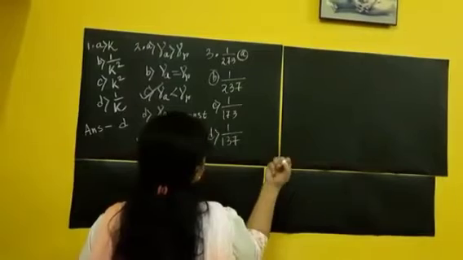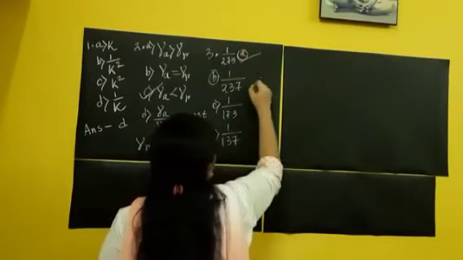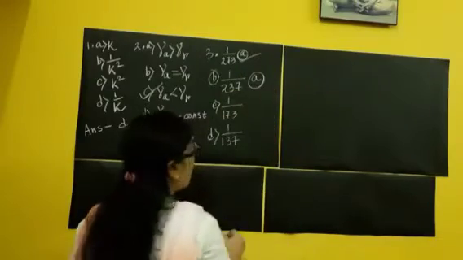So what will be the answer? Obviously 1 by 273, option A. Question number 3, option A.